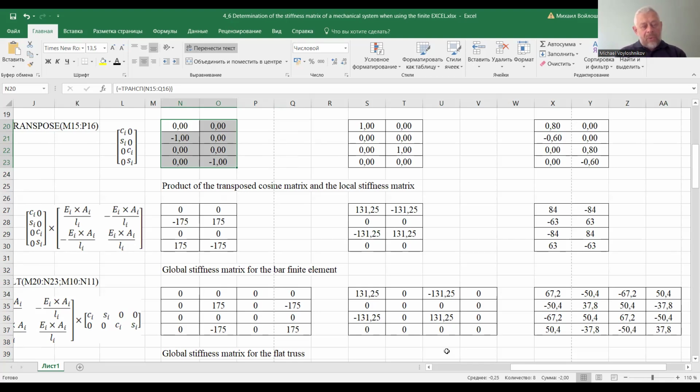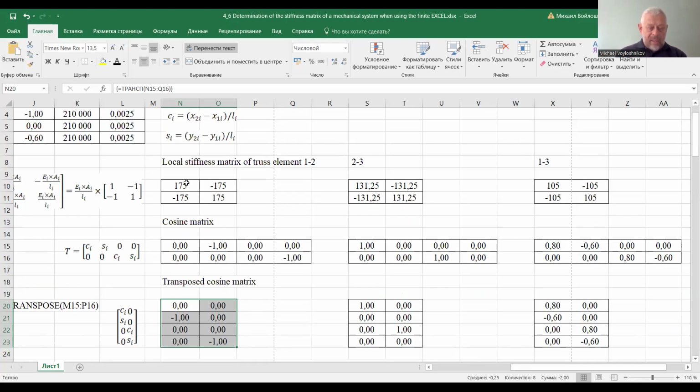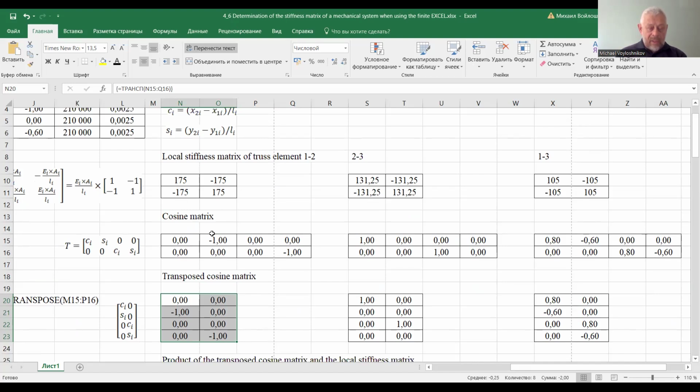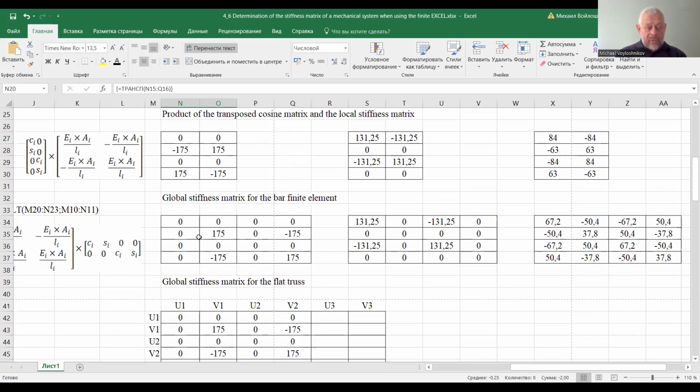So we have longitudinal displacement of one end and of the second end, two displacements. The size of the stiffness matrix in the local coordinate system is 2 by 2. But in the global system, this is a matrix of size 4 by 4, because the force at each end of the finite element is decomposed into two components. So we have twice as many components of the forces acting in the global coordinate system.